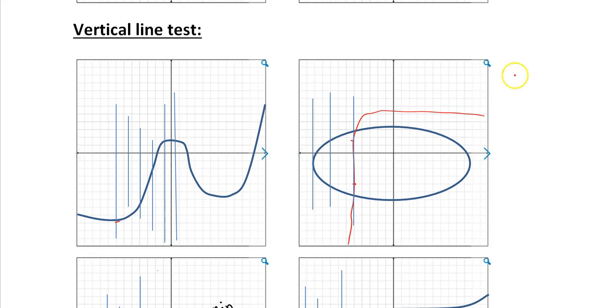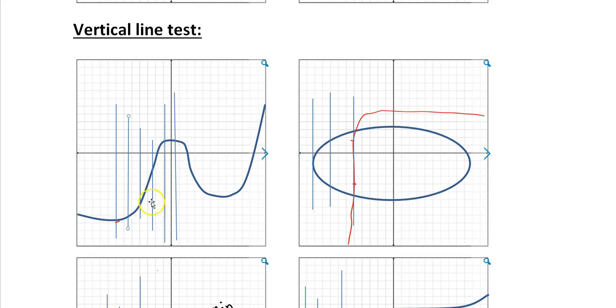Remember, if we have two or more solutions, we're talking strictly a relation, not a function as well.